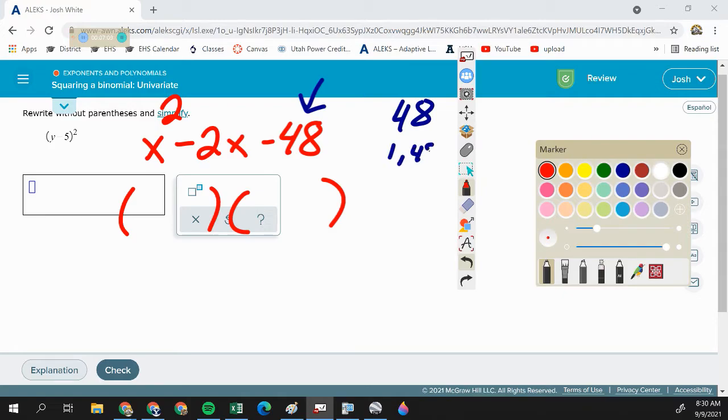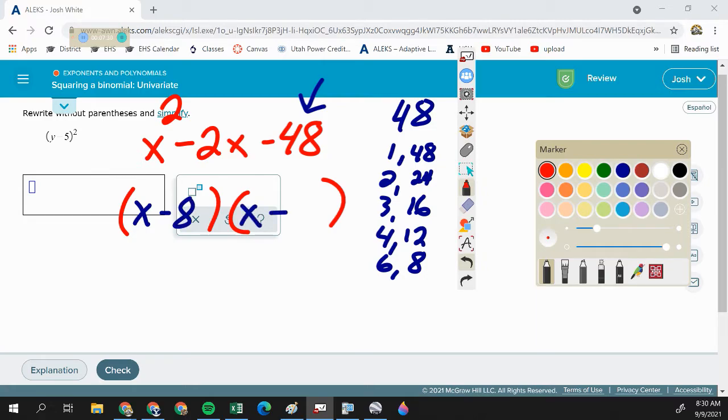Well, 1 and 48, 2 and 24, 3 and 16, 4 and 12, 5 doesn't work, 6 and 8. Can I build a negative 2 with any of those factor pairs? 6 and 8. So x minus 8 and x plus 6. Okay.